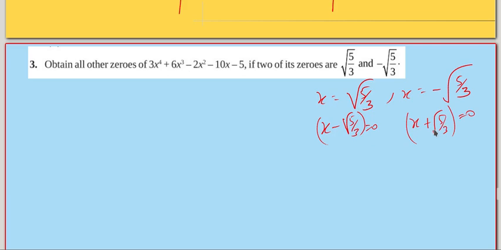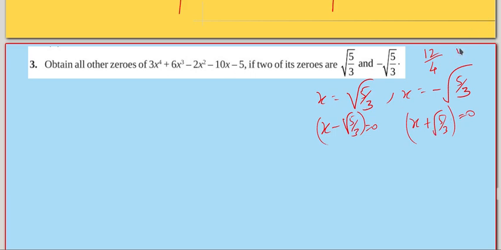The product of these two factors is also a factor of this polynomial. So factor means it is exactly divisible. This polynomial is exactly divisible by this factor, and by this factor.